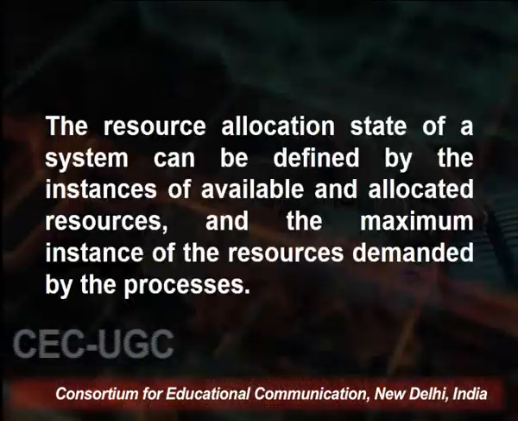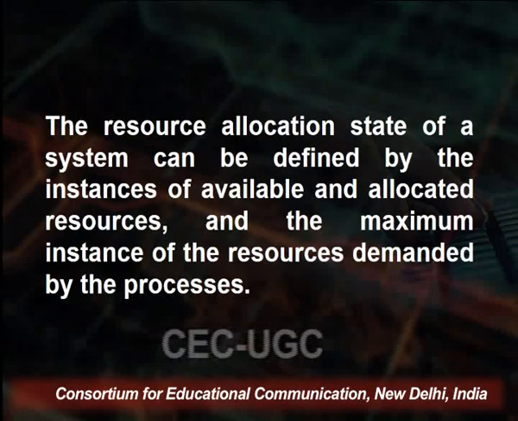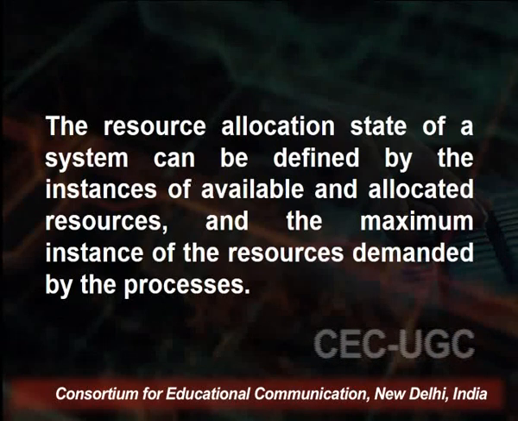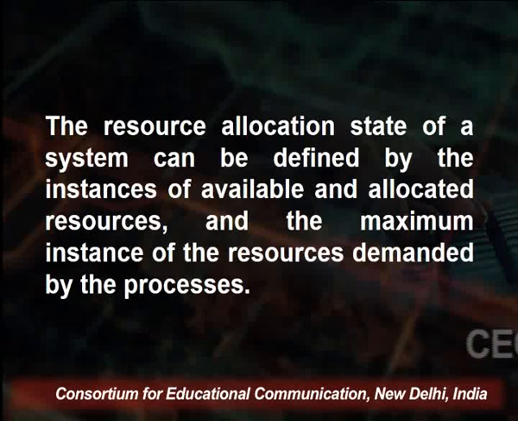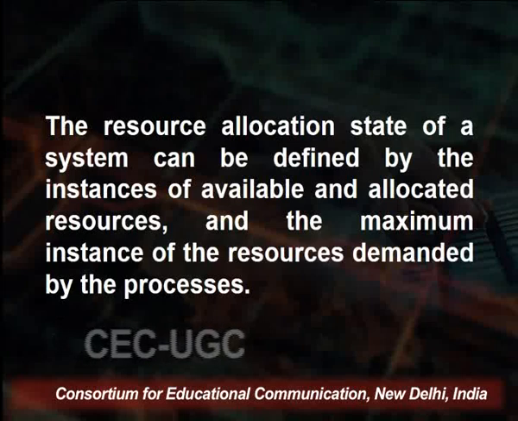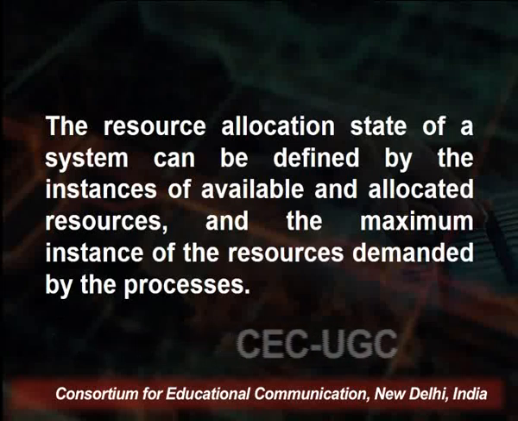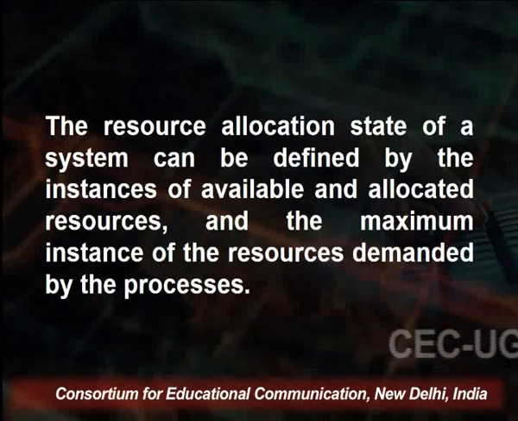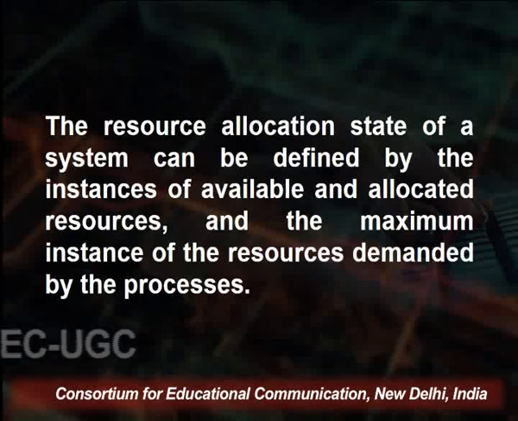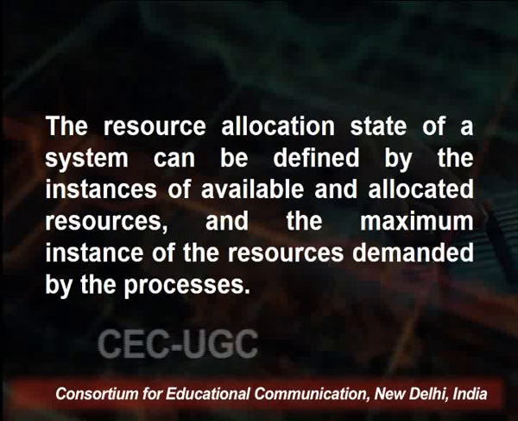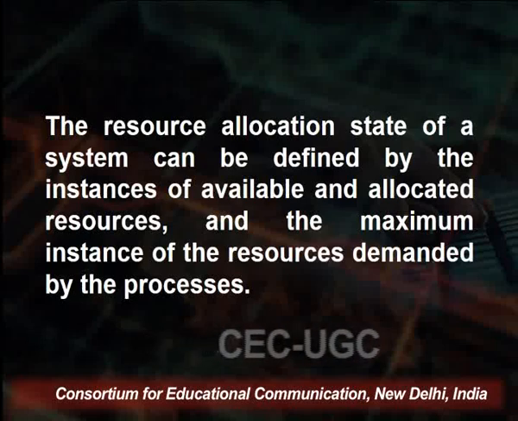Now, when we talk about the safe and unsafe state, we need to monitor the complete state of a system. What complete state am I talking about here? The resource allocation state of a system has to be checked. Now what is this resource allocation state of the system?